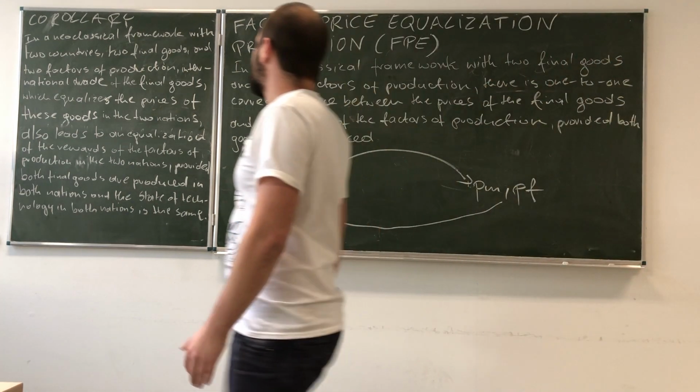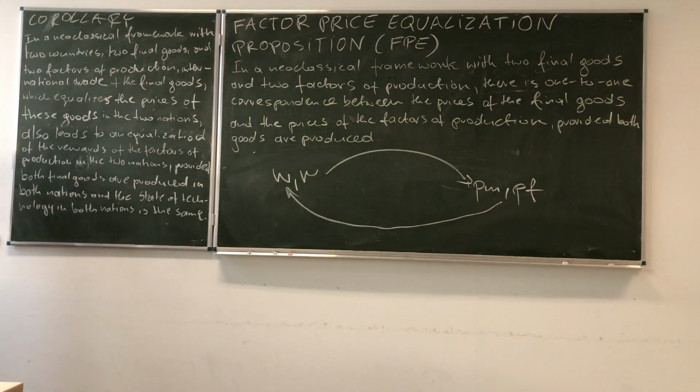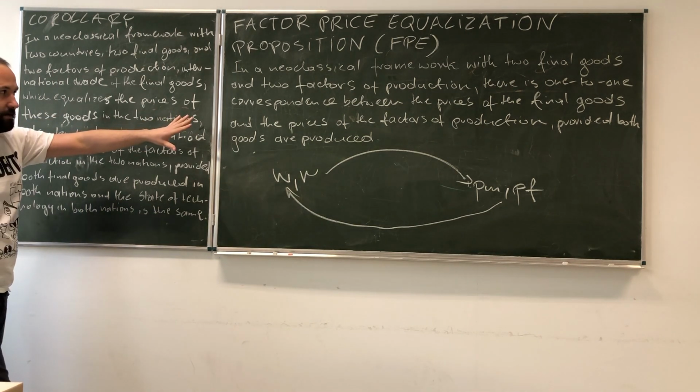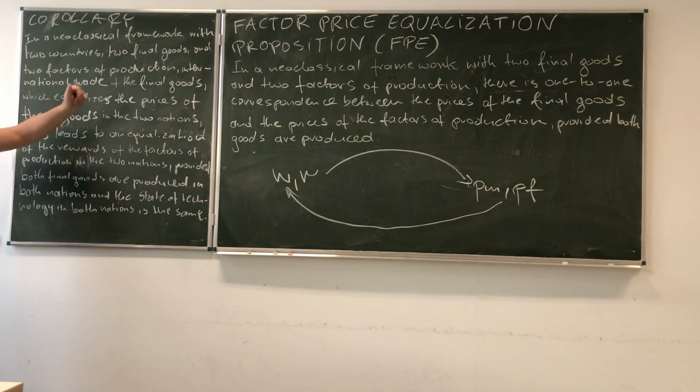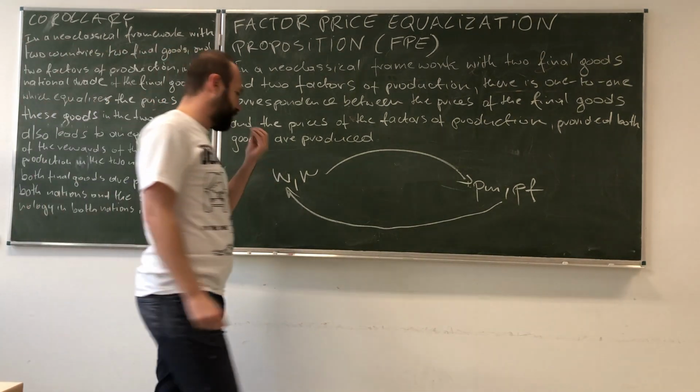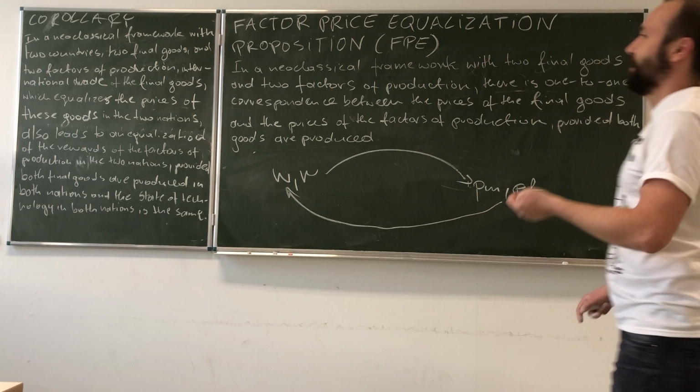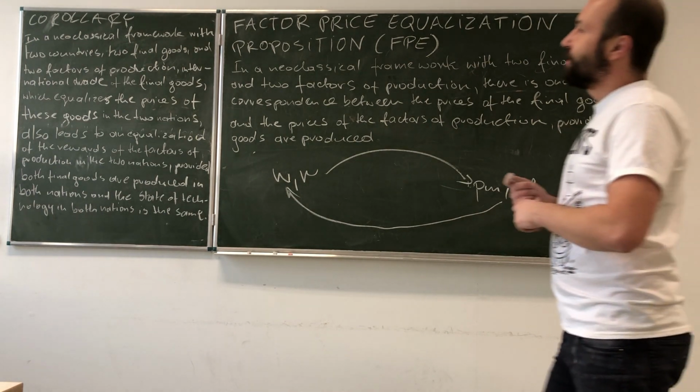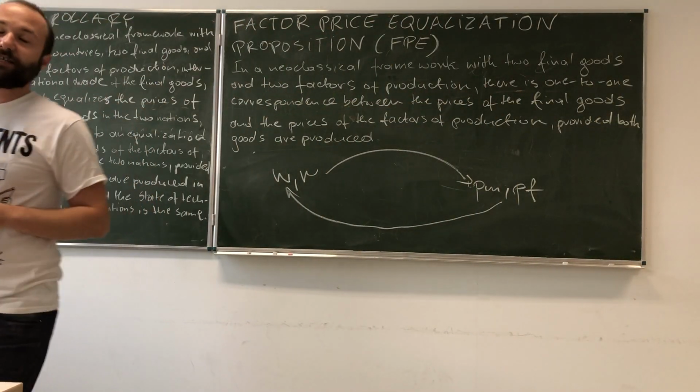In other words, we need to look at what this price equalization proposition implies once we turn from autarky to a situation when international trade is present. Okay, again, let me just read it first, then we will discuss all the details.